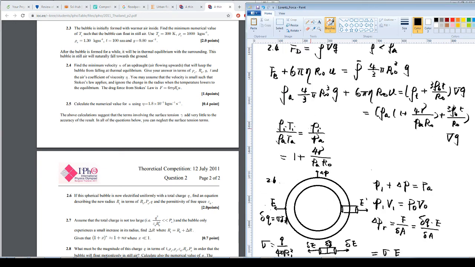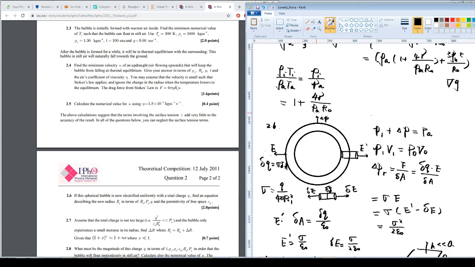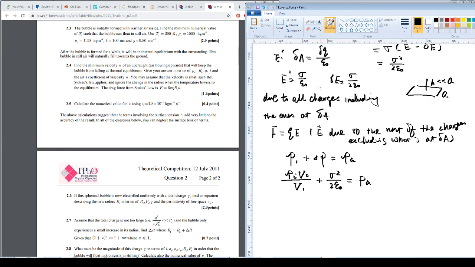If we ignore the gamma effect, then we can just say P i equals PA. Ignore the effect of gamma.